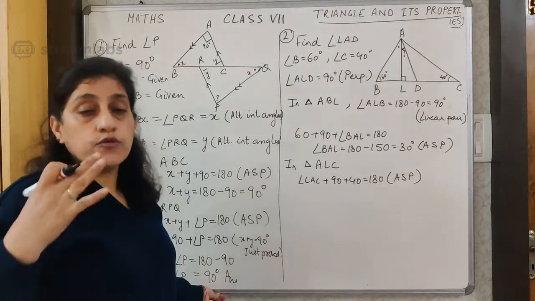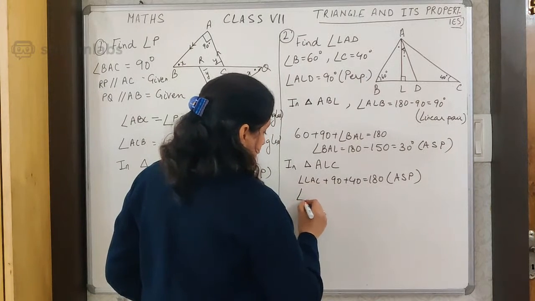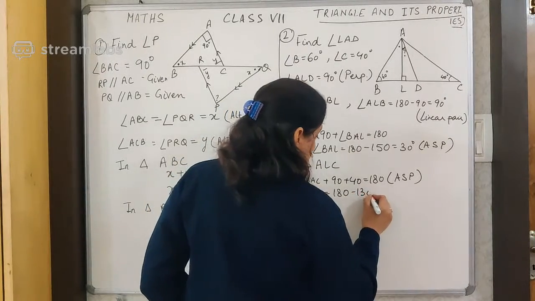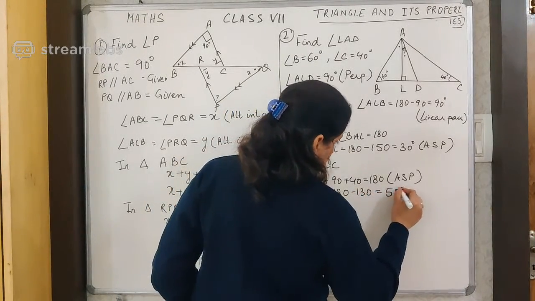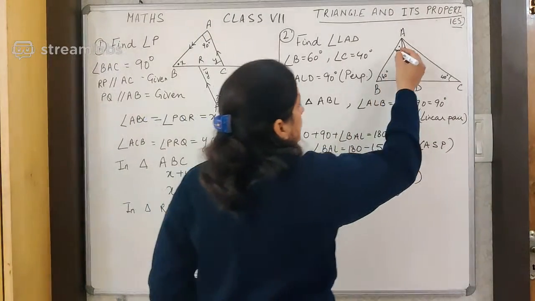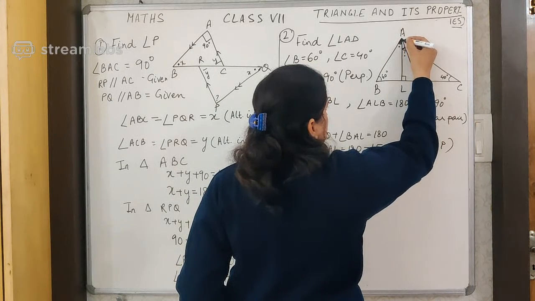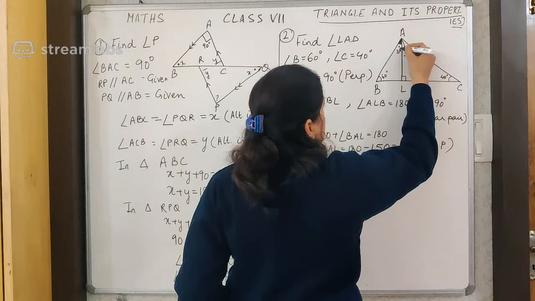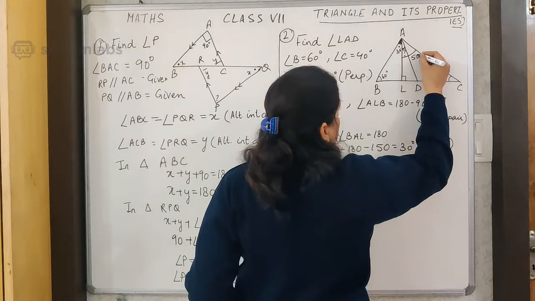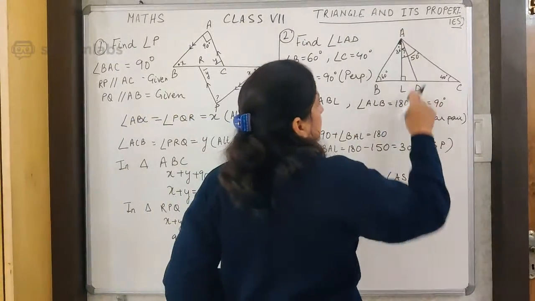So we have to think, we have to ponder what is the strategy behind this question. Angle LAC is equal to 180 minus 130 is equal to 50 degrees. Now if I look at the angles which I have found, this angle, the one I am coloring, is 30 degrees and this whole angle is 50 degrees. We have just calculated, but I need to find angle LAD.